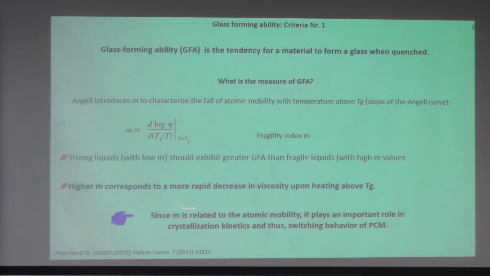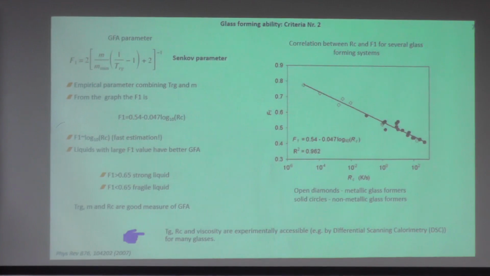This M is related to atomic mobility and plays an important role in crystallization kinetics and the switching behavior of PCM. There is also another criterion of glass forming ability, introduced by Senkov, the so-called Senkov parameter, defined by this equation.